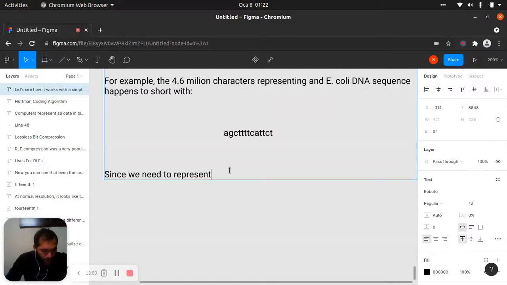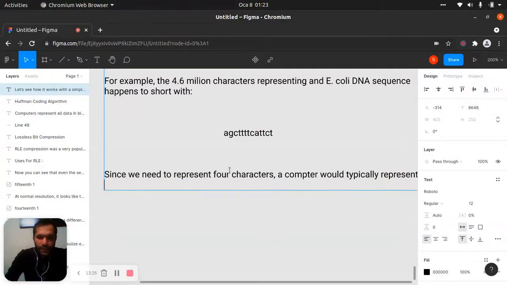Since we need to represent four characters, a computer would typically represent each character using two bits.